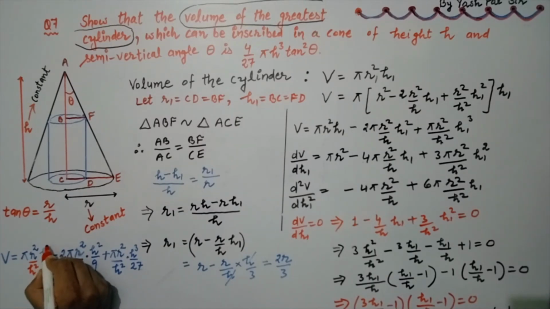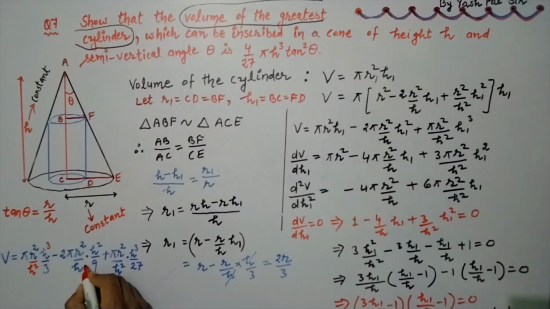So for this purpose, R square is given, we divide by H square and multiply by H square, so this becomes H power 3. Here we have R square, we need H in the denominator, so this becomes cube. Here R square upon H square is okay. Now R square upon H square is common in every term, that is tangent square theta.